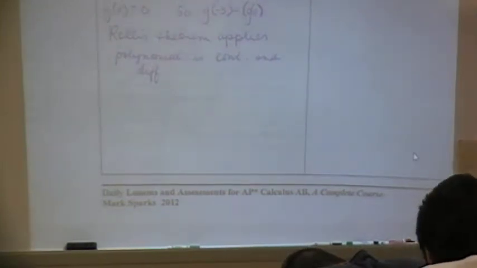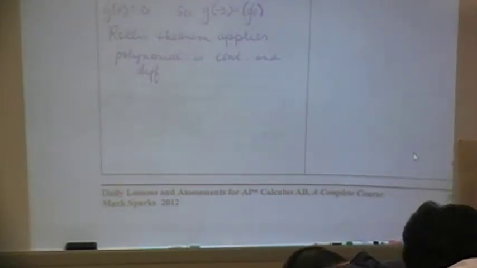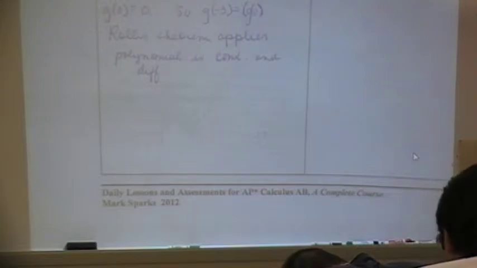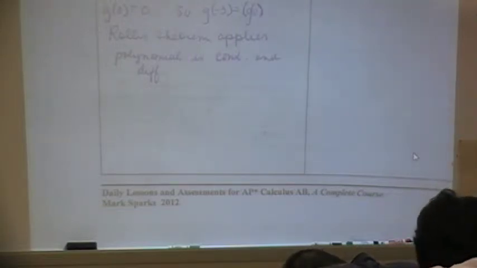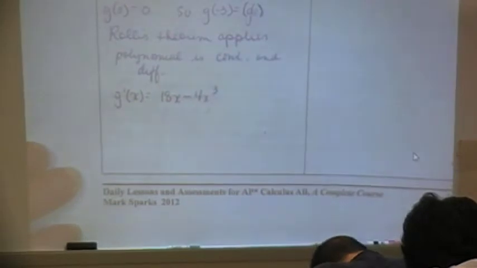Okay, so because of that, we want to find that value of c where the derivative equals 0. Get the derivative, solve for 0. So I'm going to find my derivative and then set it equal to 0 and solve.